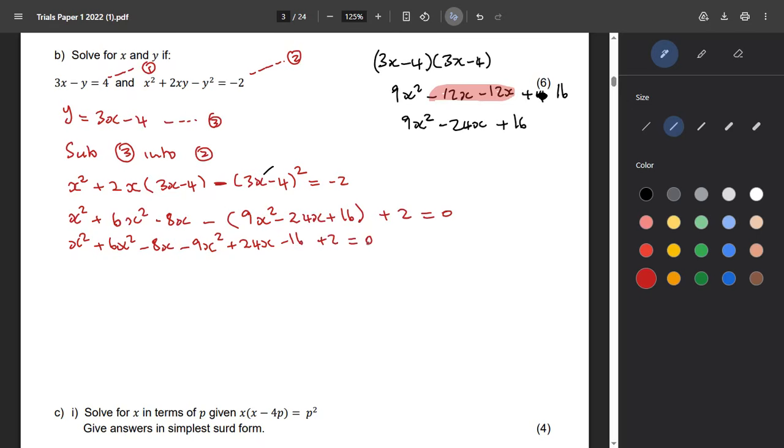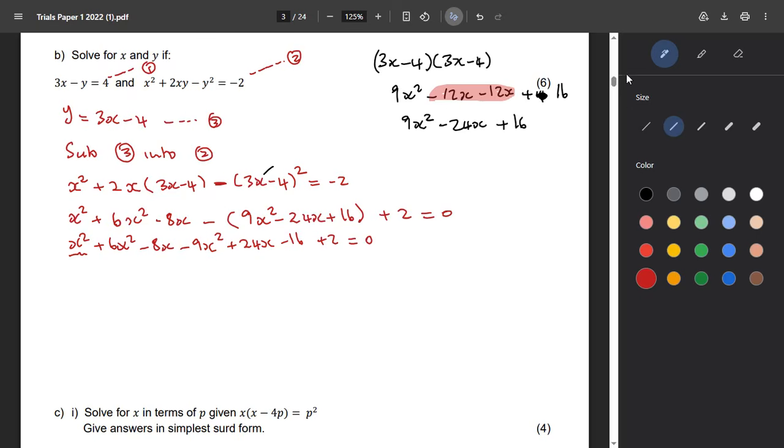Then that's when you can check if you have the like terms. Add those like terms. Put this thing in the correct quadratic form. So that's x squared minus 9x squared. Is that right? Oh, it's x squared.